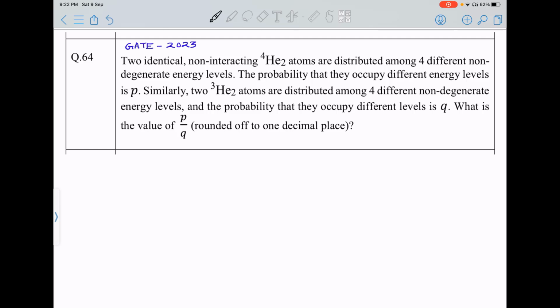Now, in order to solve this, first I need to clarify a little concept regarding bosons and fermions.